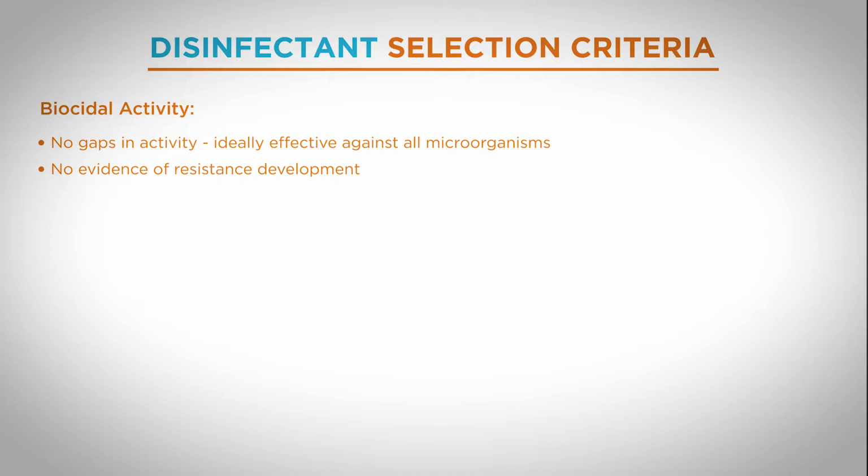The third thing is that the disinfectant agent should be effective in short contact times. The reason that's important is because that's a proxy indicator for the relative biocidal power of the disinfectant. Disinfectants that are effective in short contact times have a lot of reserve power, and therefore when more contact time is allowed, they will have a better ability to provide total microbial reduction.